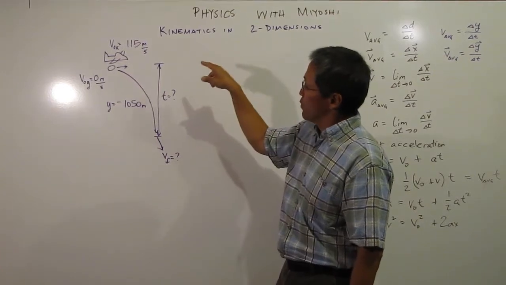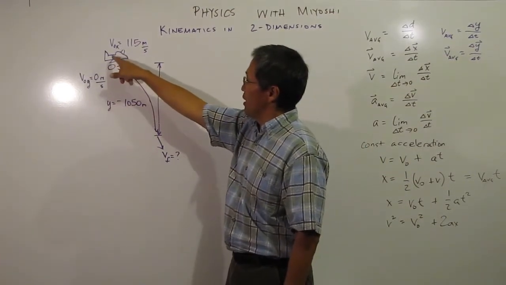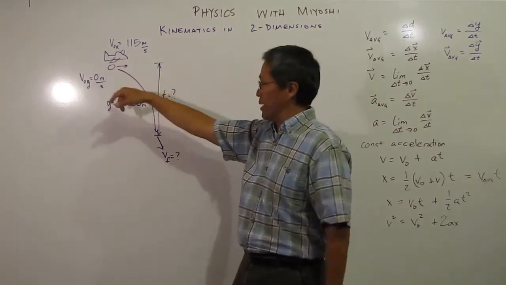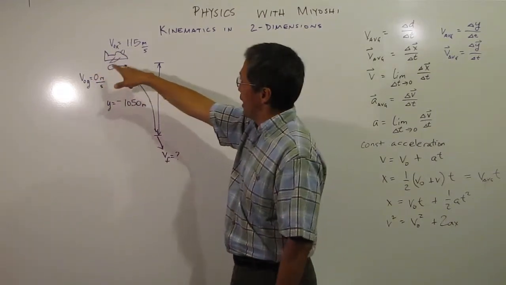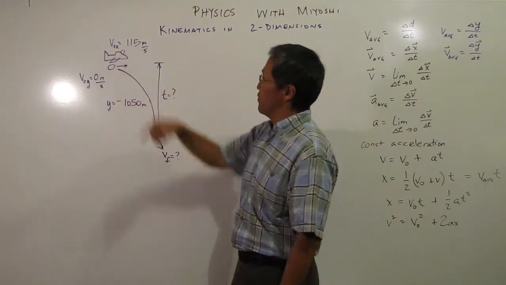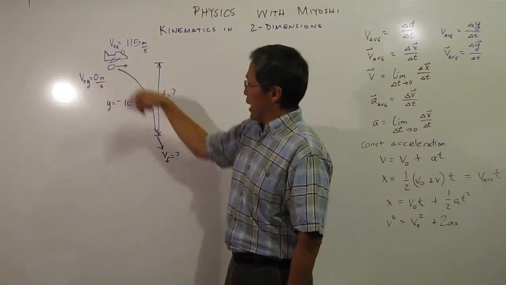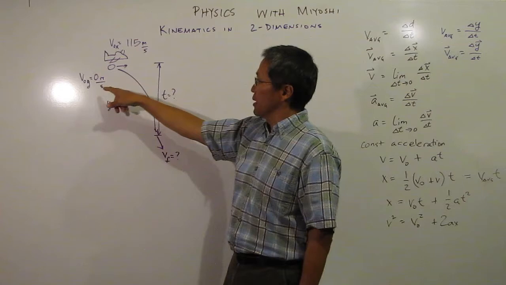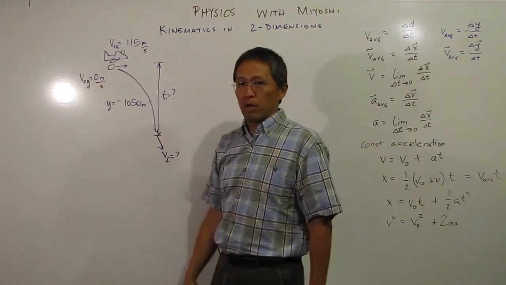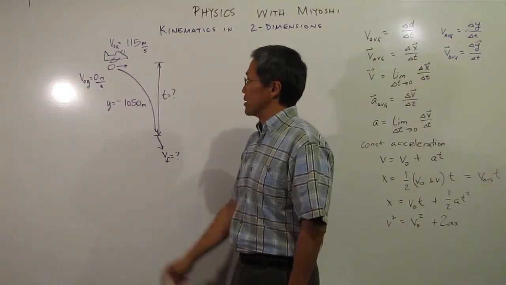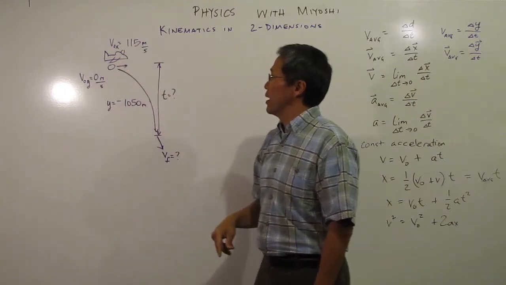At any rate, we have here an airplane dropping off a care package rather than a bomb, and it's going at a speed of 115 meters per second. And we drop a package out of that plane. That package is going to have zero velocity in the y direction, but it's still going to have this x component.